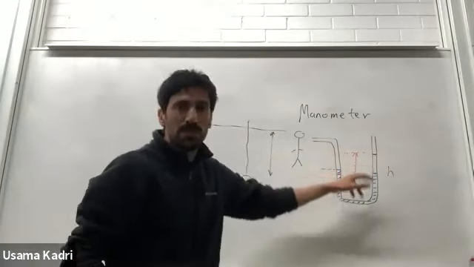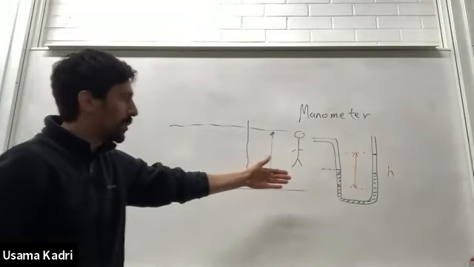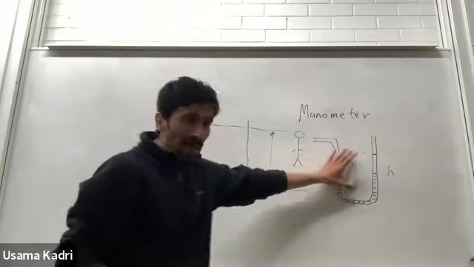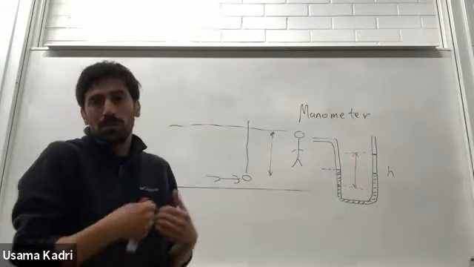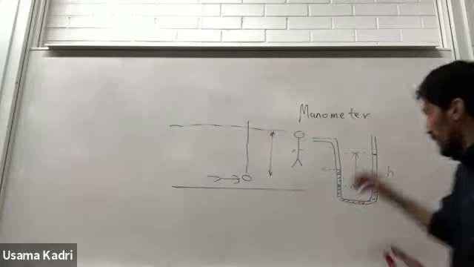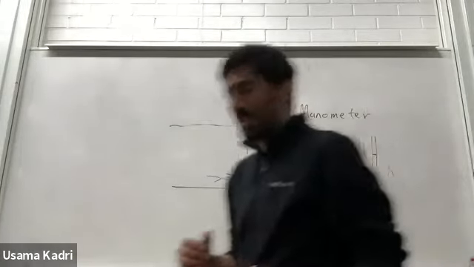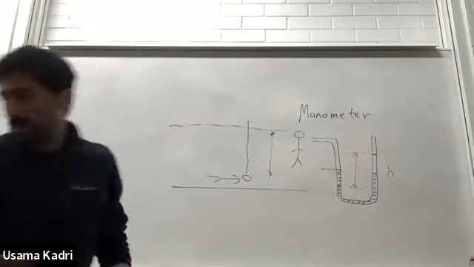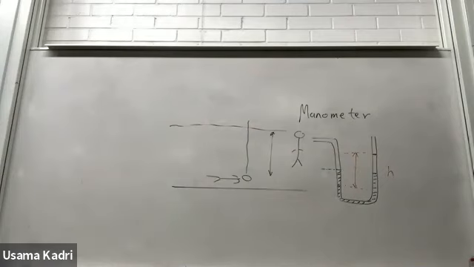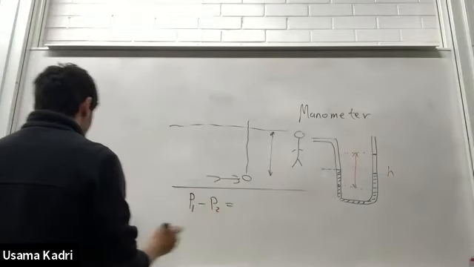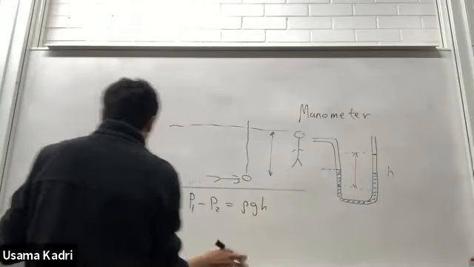So rho g h, and you would know the pressure if you want. And that H would tell you how much you could breathe, how much depth you can go below the water, because this is how much you could actually push the water. So we have P1 minus P2 equals rho g h.